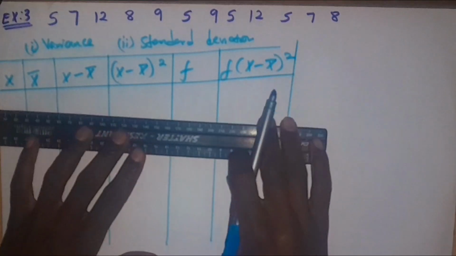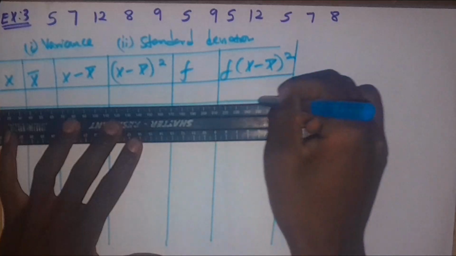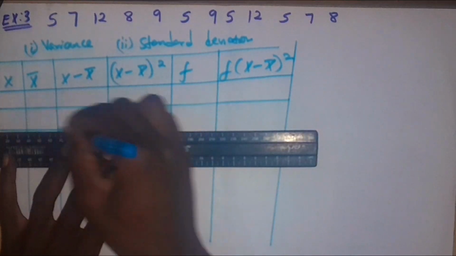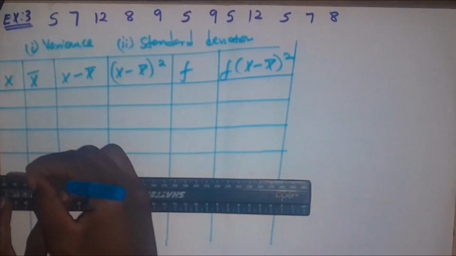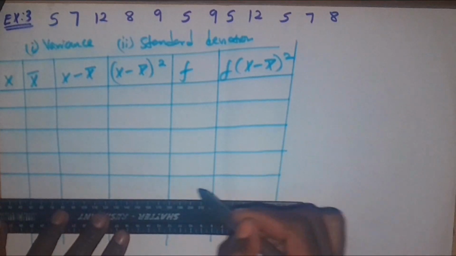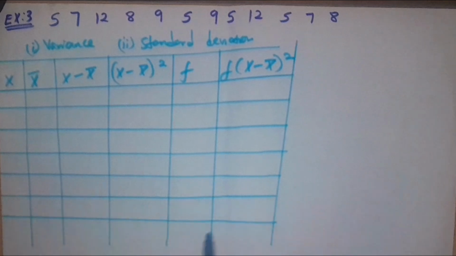So here I'm going to draw my columns, and here I'm going to write my numbers.